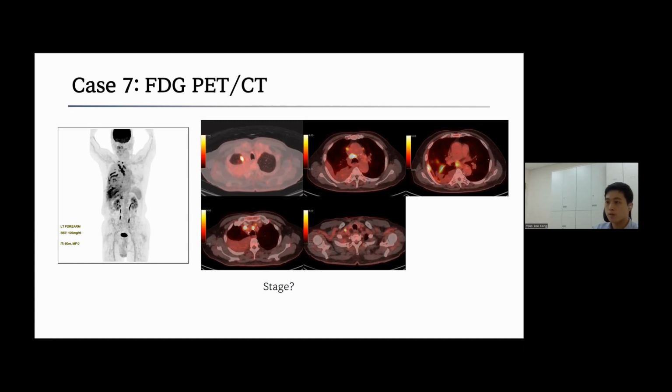So the stage is T1, but N3 and M1a for pleural seeding and malignant pleural effusion. Pleural effusion cytology of this patient diagnosed adenocarcinoma, and palliative chemotherapy was planned for this patient.